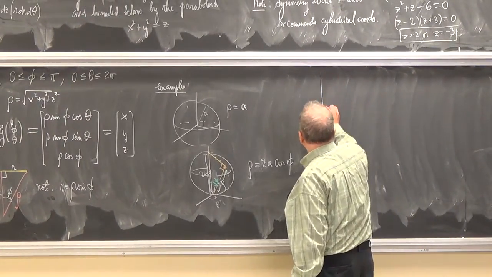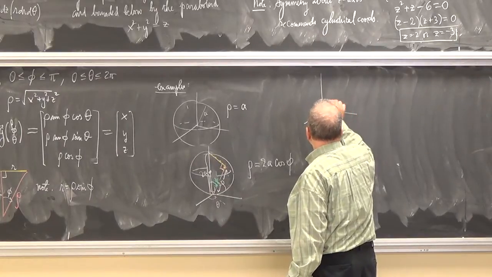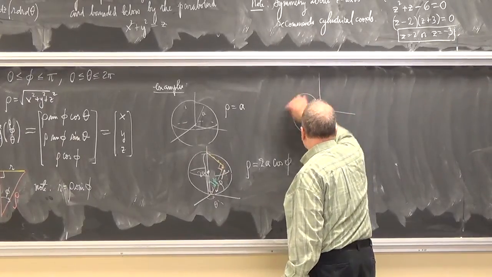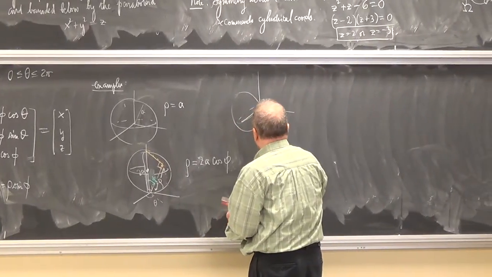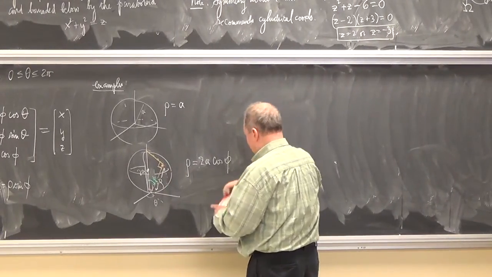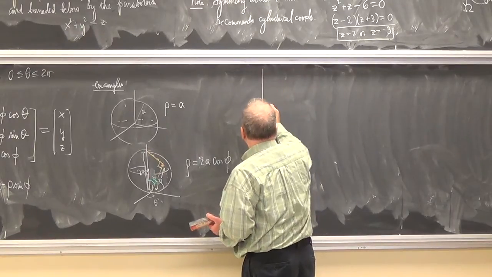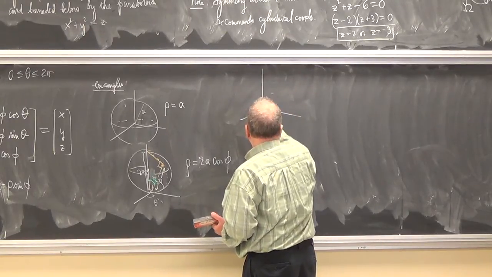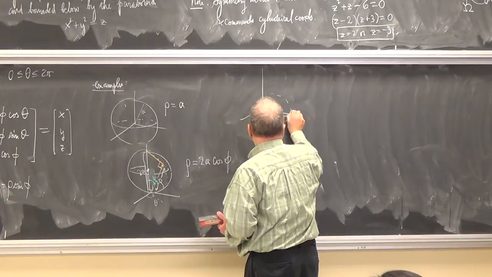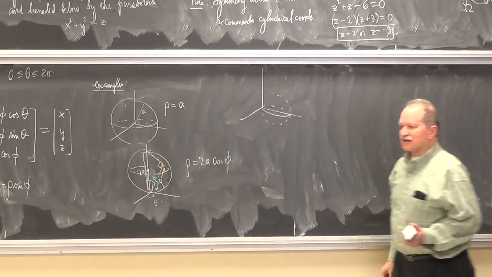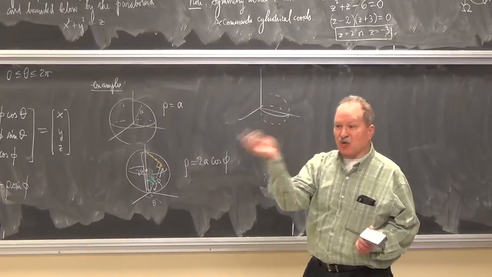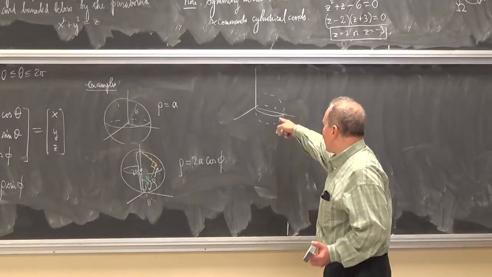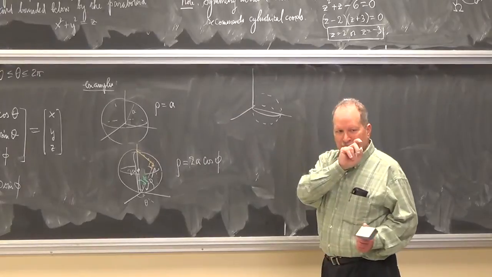What happens if I try to move the sphere so it's sitting, say, on the x-axis? That picture looks absolutely horrendous. Suppose you drew a sphere sitting on the y-axis. When we did polar, we could switch the x-axis and y-axis. It was easy. Do you guys have a guess what this one would be?